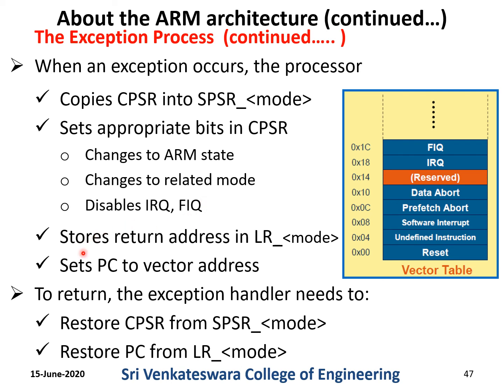Also, after the exception is handled or the interrupt subroutine is executed, the processor has to come back to the main routine. That happens by storing the return address in the link register of the corresponding mode. So now the link register of the corresponding mode will be holding the program counter content, and also the processor has to be switched to the new processor mode.